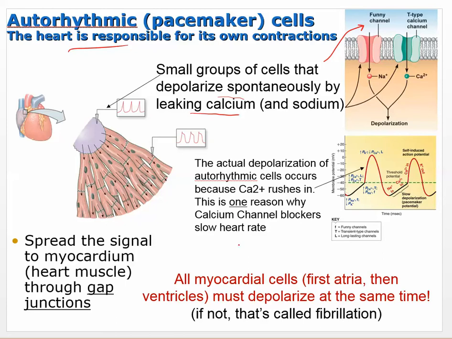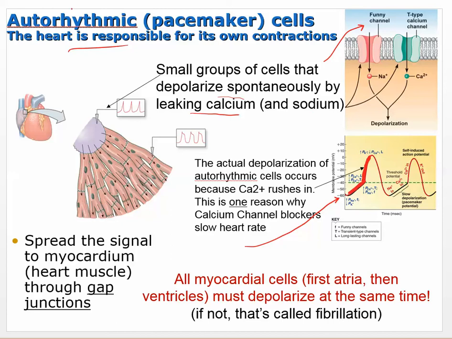Okay, so if we move down to this graph, that leaking of the calcium at first lets them get to this threshold level, and then they will leak full on from L-type long-term calcium channels. That's what causes the depolarization. Now remember, when we were talking about muscle cells, we were talking about sodium as causing the depolarization.